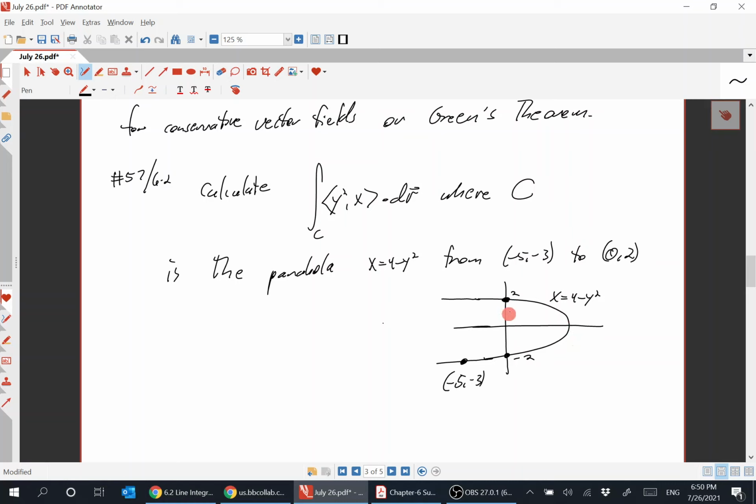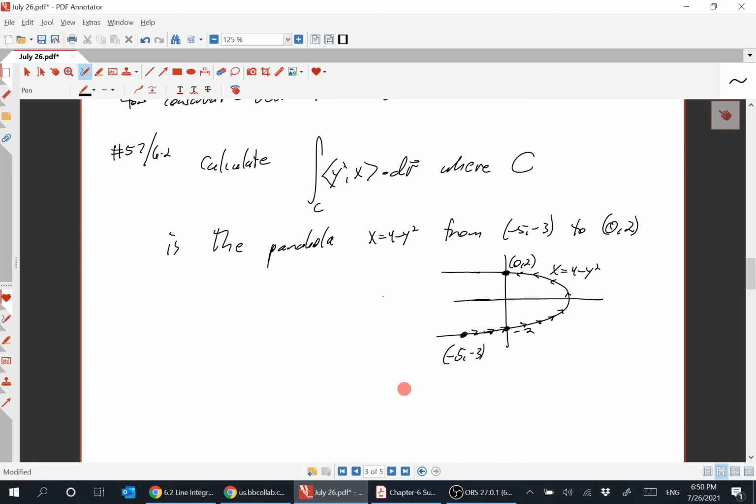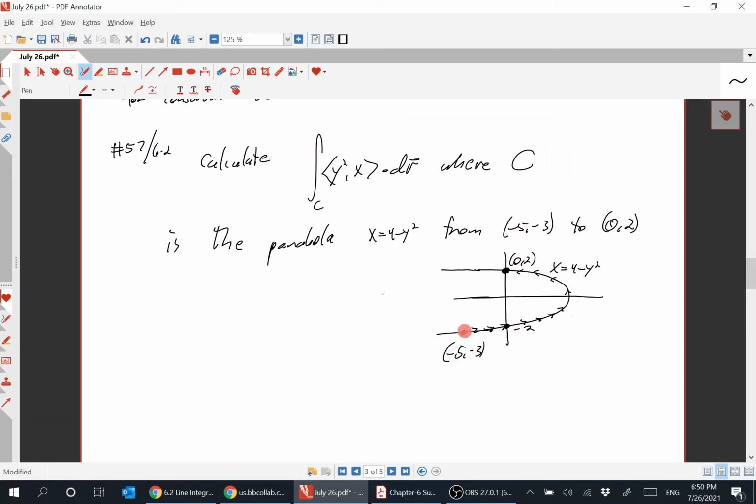Okay, and here the direction of this thing matters. So we're going from here to here. So we need to pick a parameterization. Well, because x is given as a function of y, or if you had y equal to f of x, here we can use a standard parameterization because x is given as a function of y.